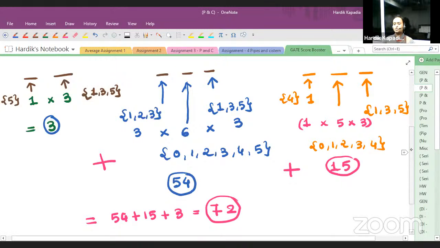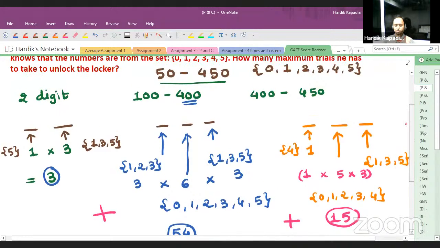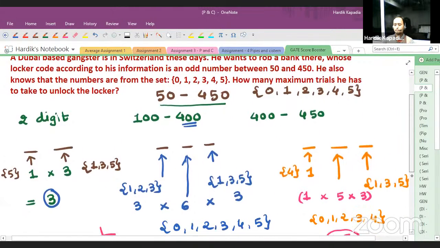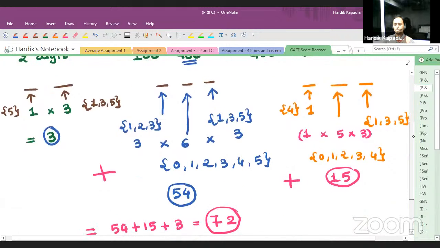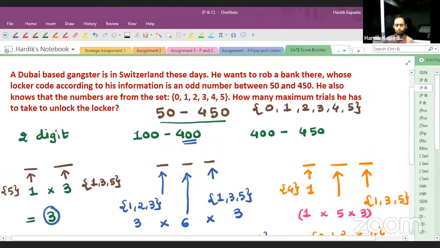Hope you have understood this. Say yes in the comment box if you have understood this. Say yes. Okay, fine. Perfect, perfect. Very good. Why are we adding it?